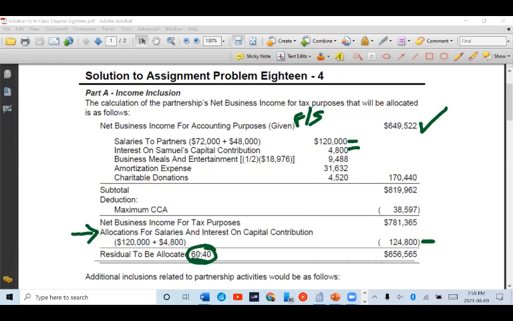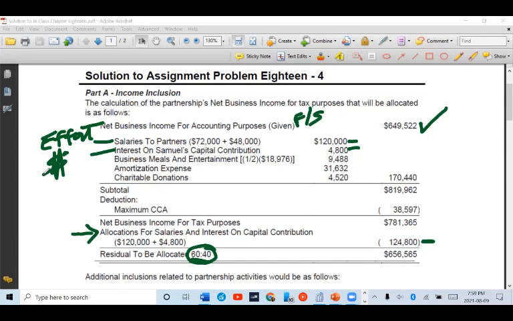We're going to pay a regular salary, get a T4, right? So salaries would relate to their efforts or their real work. And then something like interest relates to the dollars that you've put in. So depending on what the partners are bringing to the table, it's not necessarily going to just be a straight 50/50 split on everything. So after all of that stuff's worked out, then the remaining balance is a 60/40 split. That's what they've agreed to.